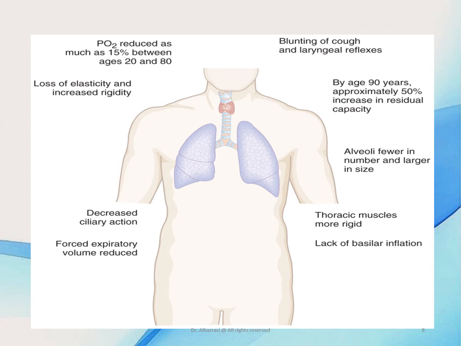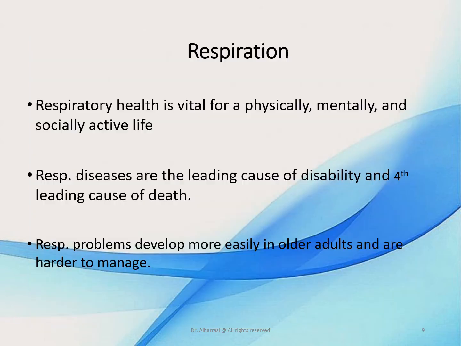As I mentioned, there is a decrease in ciliary action, which means there is less ability to fight infections and dust. There is also a blunted cough, or what we call laryngeal reflexes. By the age of 90 years, for example, there is approximately a 50% increase in residual capacity in older adults.